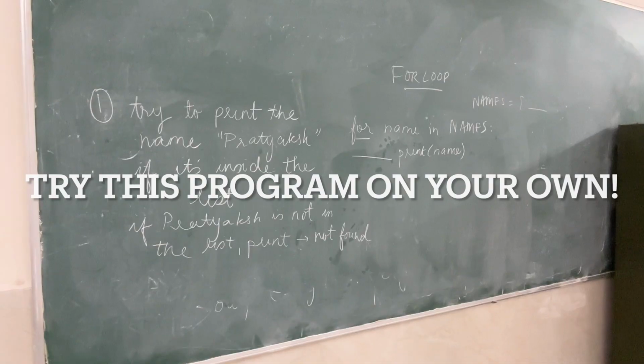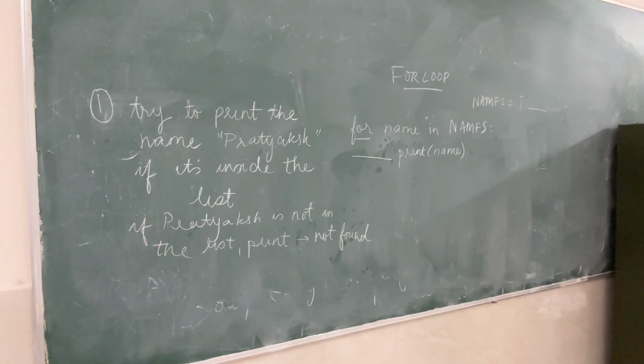Also, it's a string, so make sure it's in quotation marks. So if name is Pratyaksh, then what do you have to do? Close the round bracket. Now add what will happen if it's true. One thing you missed is the colon.